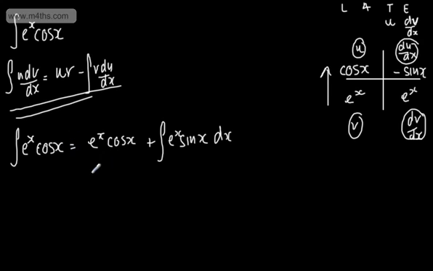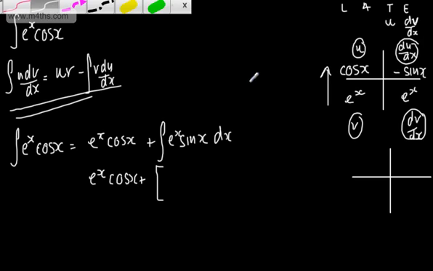Right, so what we need to do is employ by parts again. So we've got e to the x cos x plus, and I'm going to have to do parts again on this. This time u is sine x, again trigonometric over the exponential.